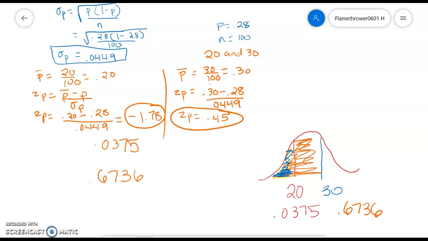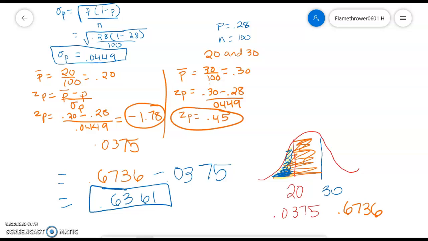So we know the area up to 20 is the 0.0375. So if we subtract that out, that will give us the probability of between 20 and 30. So when we subtract the area out that we don't want, we will get 0.6361, and that would be our final answer.